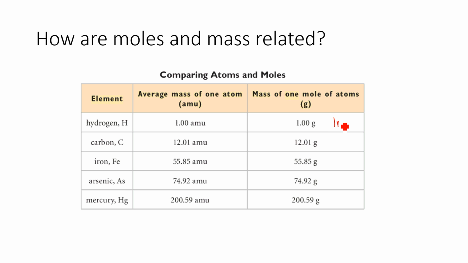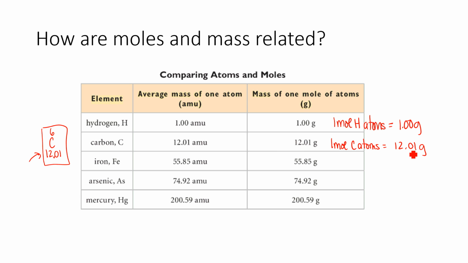So what we're saying here is a mole of hydrogen atoms weighs 1 gram. Carbon, if you look on the periodic table, has an average atomic mass of 12.01. So remember, the way that we find this on the periodic table is we look over here, and it's the number on the bottom there that is the average atomic mass, and that is how much 1 mole of carbon atoms weighs.